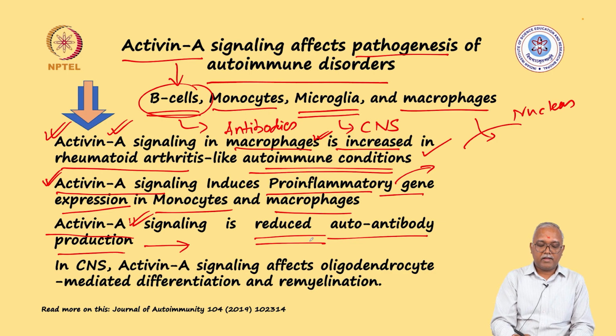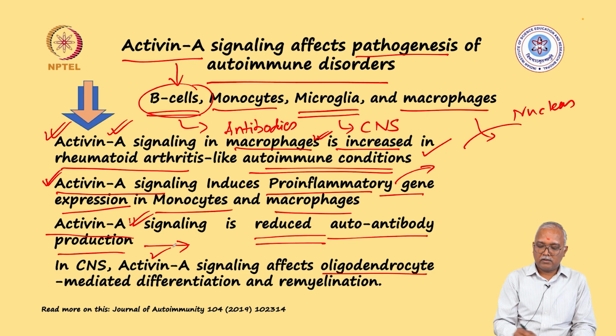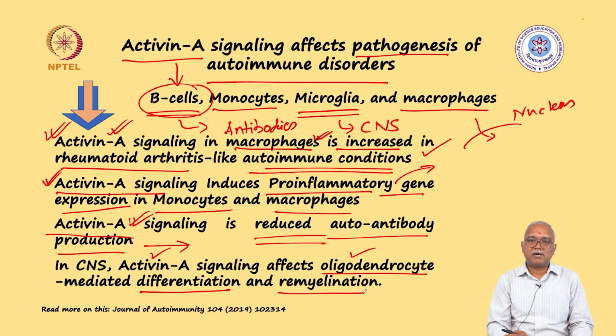More importantly, in the CNS, the central nervous system, activin signaling affects oligodendrocytes. These are specialized cell types which do not have immune function, rather they have a protective function in the sense that they bind to the axon of the neuron and protect it through myelination. So activin signaling affects oligodendrocytes and it helps in the differentiation and remyelination process if there is a damage.